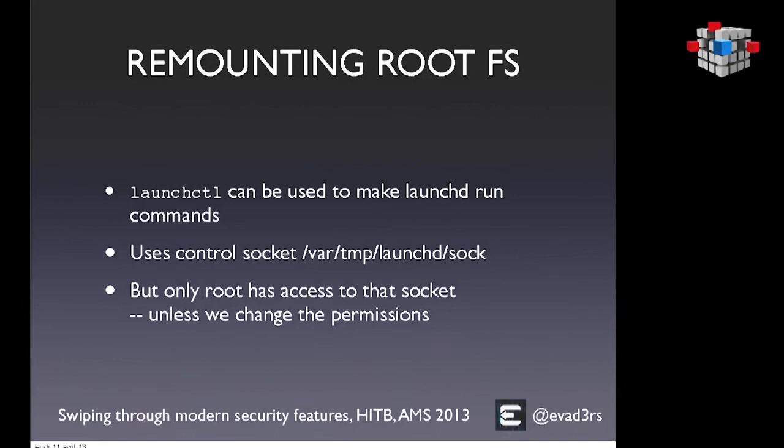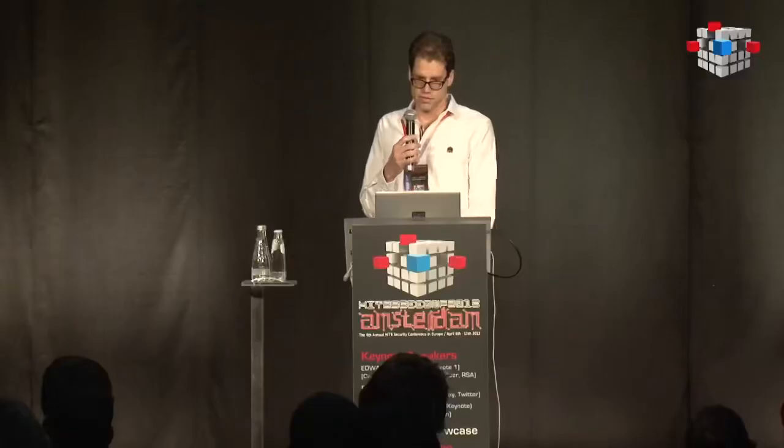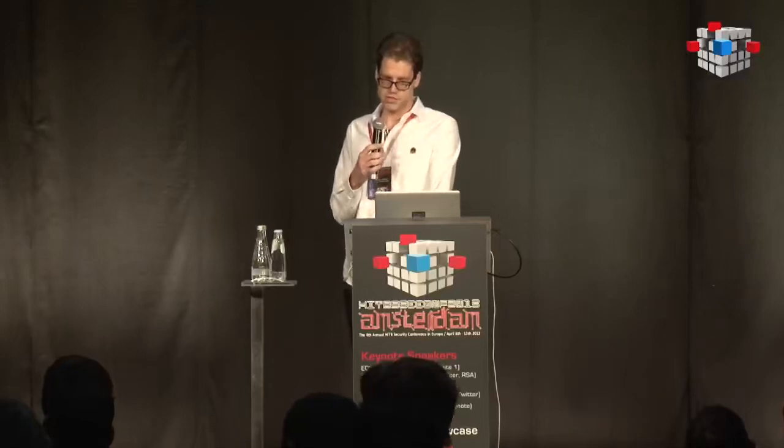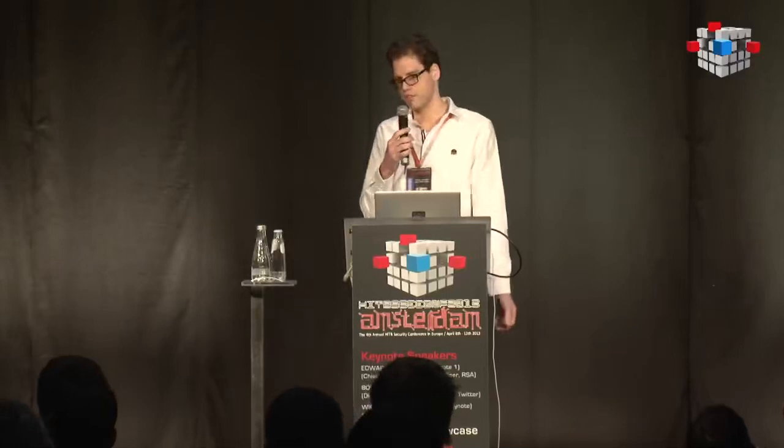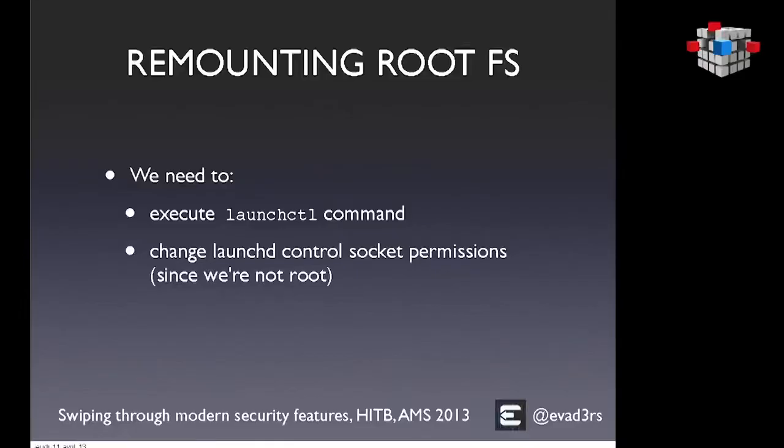But the problem is that the socket file is only accessible by root. As user mobile, you can run the command, but it will not have any effect; it will just fail. So to remount the root file system, we have to do two things: find a way to execute the launchctl command, and change the socket permissions, because we're not root.